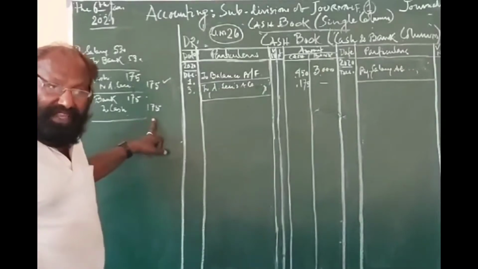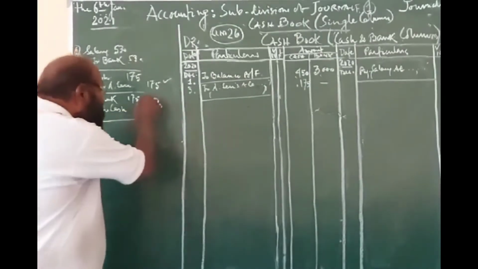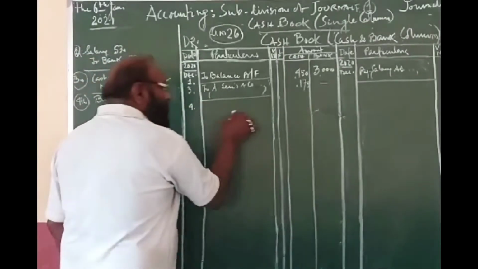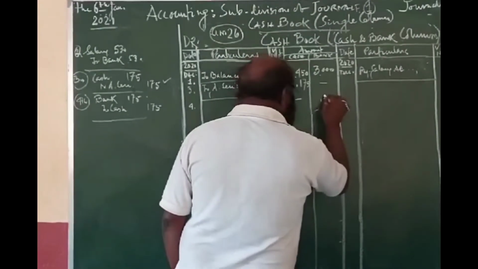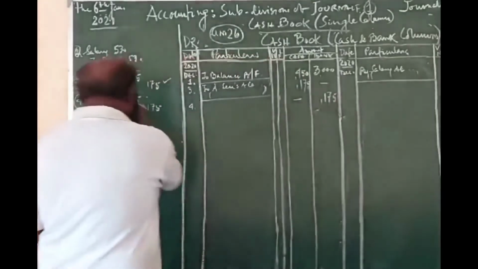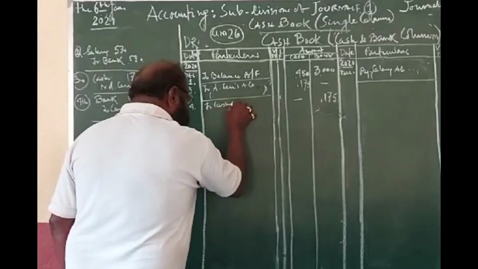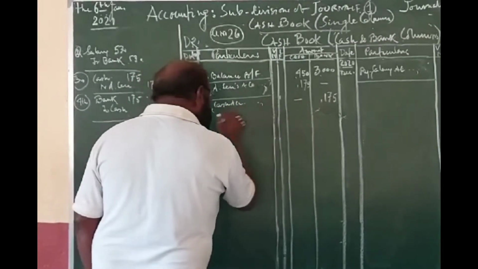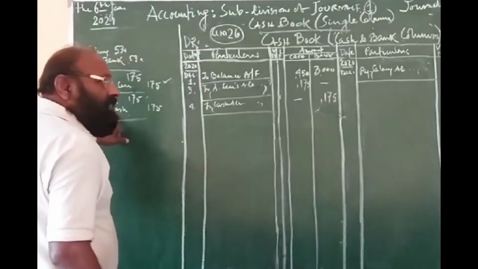Cash is going out, so cash account credit, and bank is the receiver. Bank has been debited, to cash account. Write the narration: being the amount deposited into bank.